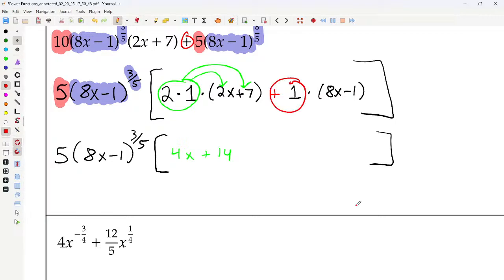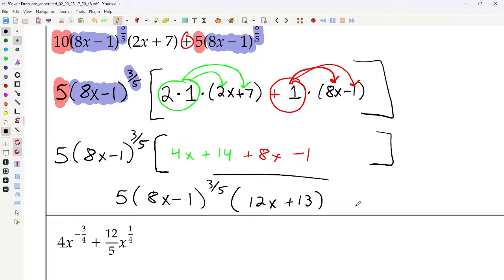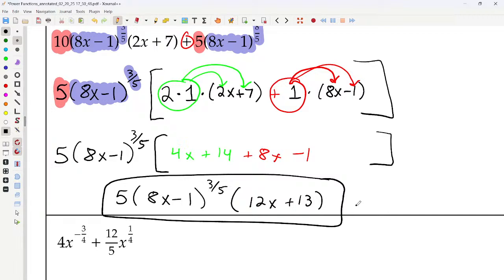This is 1, which we'll distribute into this binomial. And finally, we have 5 times 8x minus 1 to the 3/5 times 12x plus 13. And you now have a factored form of that expression.